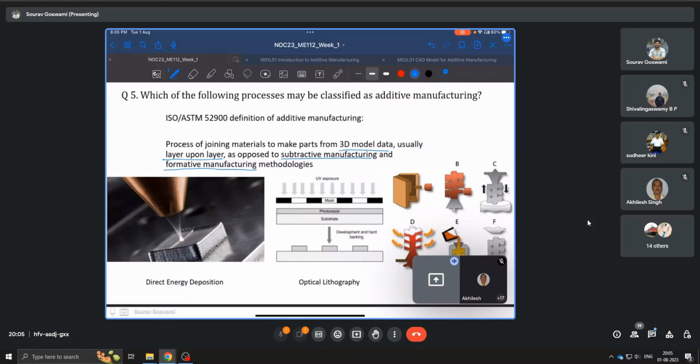So the moment a process has a subtractive step where you're actually removing some material, like in laminated object manufacturing, you do. Okay, yeah, Karthi has the right answer. So chemical machining. It is because of this subtractive step where you remove this exposed part via a chemical machining process that optical lithography is not an additive process.